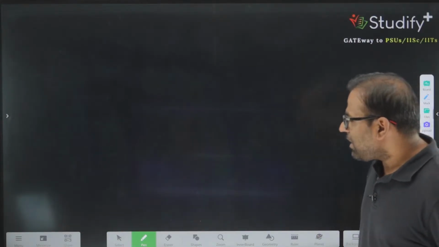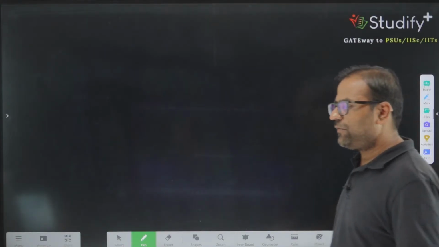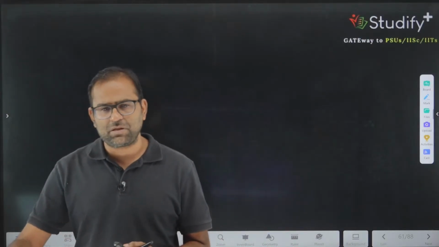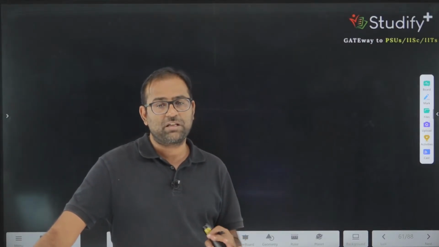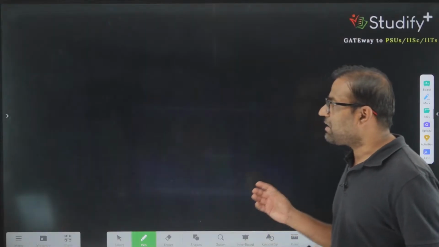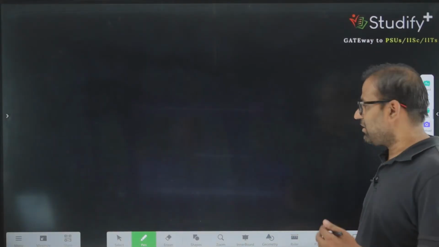Now let's solve a few questions based on these ABCD parameters. We have talked about the condition for symmetrical networks, reciprocal networks, and how you can connect them.